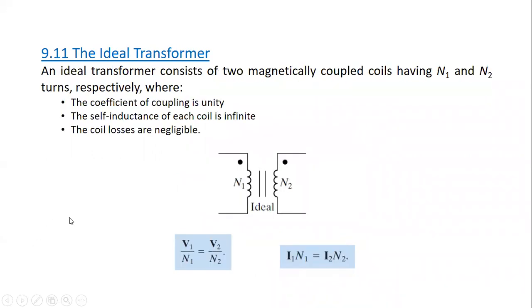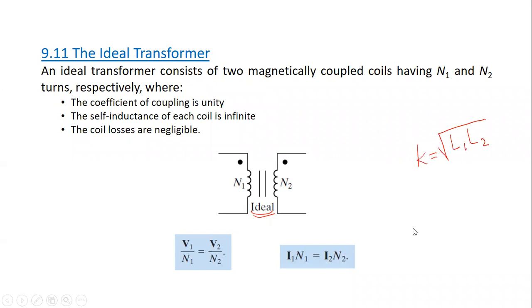So if you have an ideal transformer, in an ideal transformer there are no losses, and there will be a magnetic coupling coefficient equal to 1. So as you remember, the magnetic coupling coefficient K is equal to M over the square root of L1 L2. So it is equal to 1.